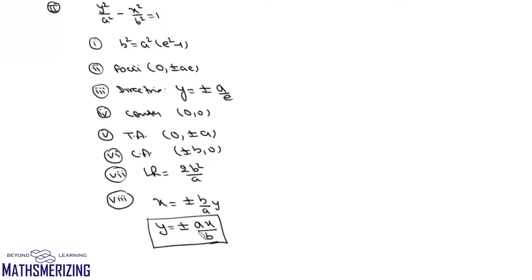Now one shortcut of writing asymptote: the equation of asymptotes and the equation of hyperbola just differ by a constant. If in this equation of hyperbola we replace the 1 with 0, then we can write y square upon a square minus x square upon b square equals 0. Then we'll get y equals plus minus a upon b x, which is the equation of asymptote.